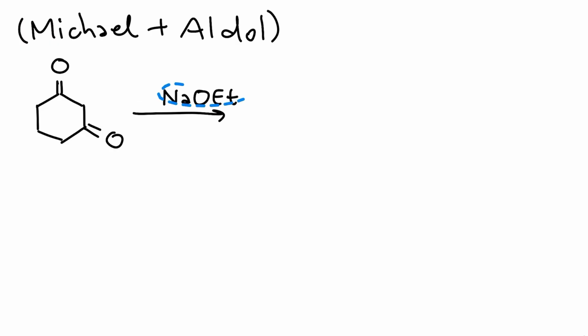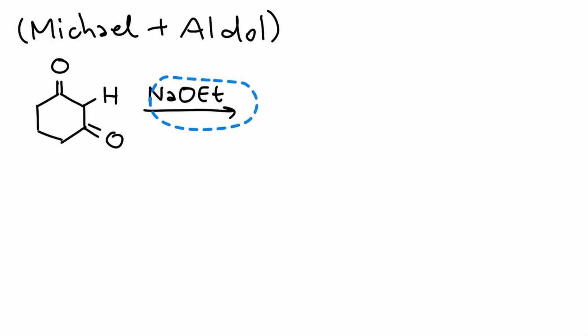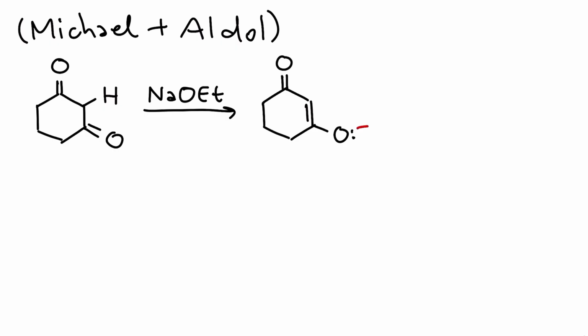So that's going to abstract the most acidic proton, which is this proton, because it's sitting right in the middle of 2 carbonyls, so it's going to be the most acidic, as you expect. So it's going to look something like this. This is the enolate. So let me draw the mechanism of the proton abstraction. There you go.